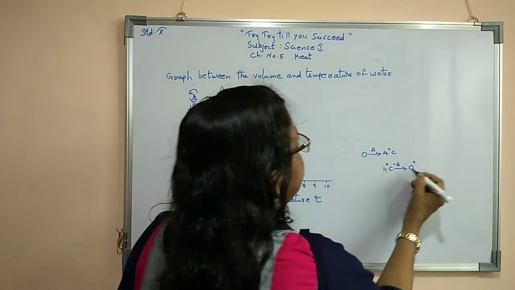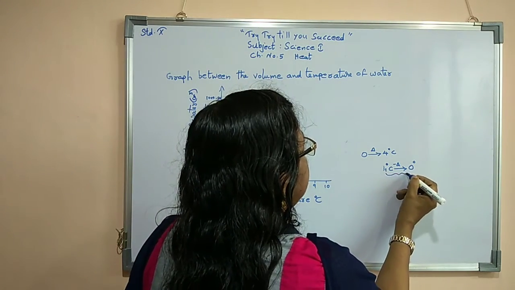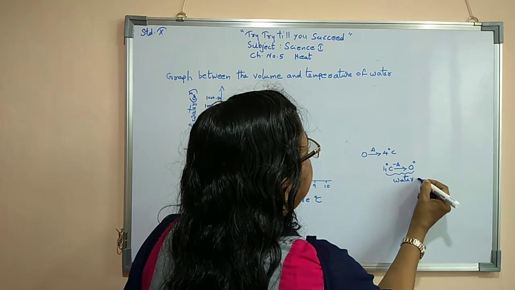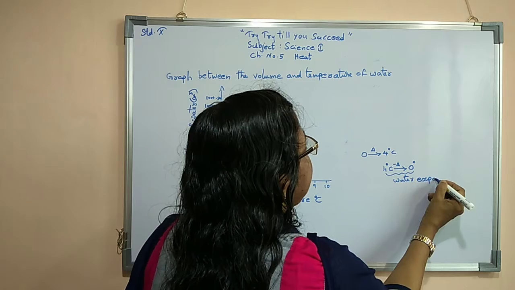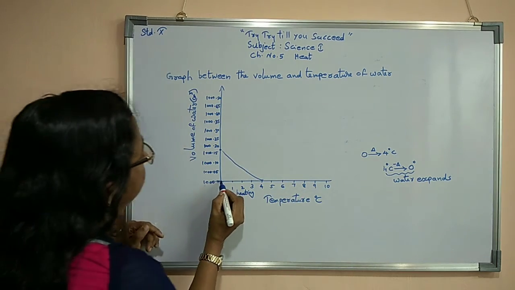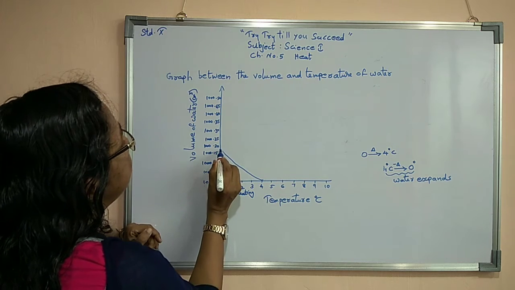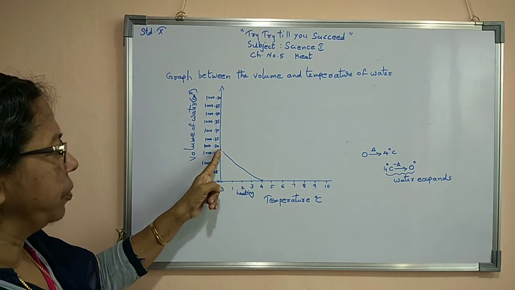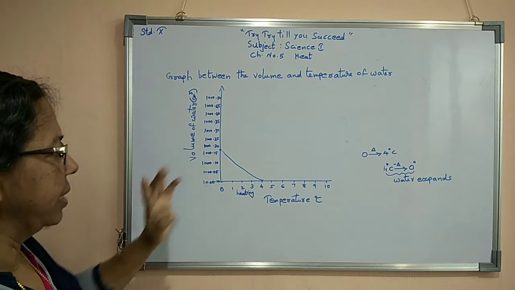So at this temperature, water is in the expanding condition. Here we have considered only 0 degree Celsius, so water is in the expanded condition. Because of that only I put the dot over here.